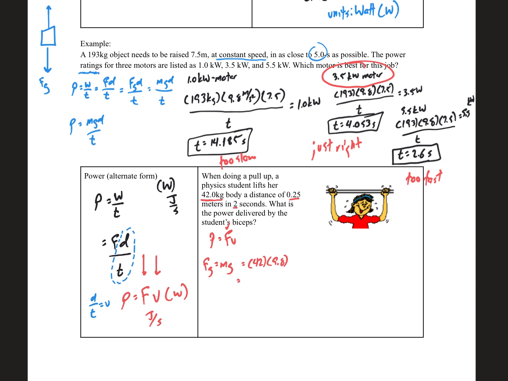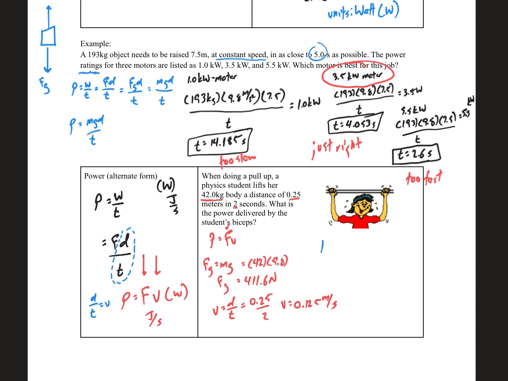It looks like we get about 411.6 newtons for the force of gravity. And since I know velocity is distance divided by time, I'm given a distance value of 0.25 meters and a time of 2 seconds. So I get a velocity of 0.125 meters per second.